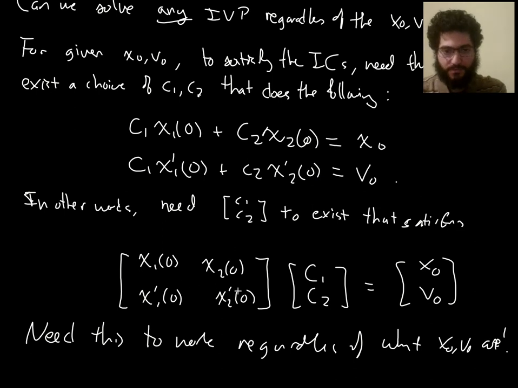Another way of phrasing it, though, since this is a square matrix, the number of rows equals the number of columns, an equivalent condition would be when the columns are linearly independent. So when these vectors are linearly independent, or when the matrix is non-singular, that's when this has a solution regardless of what you put on the right-hand side.